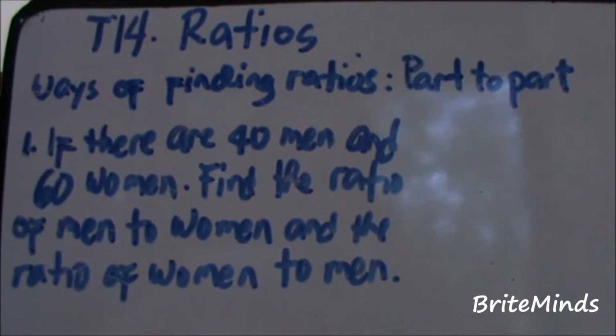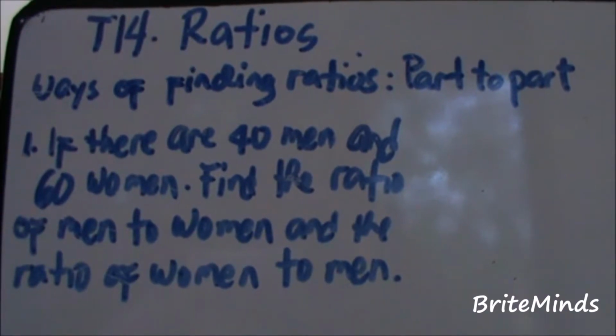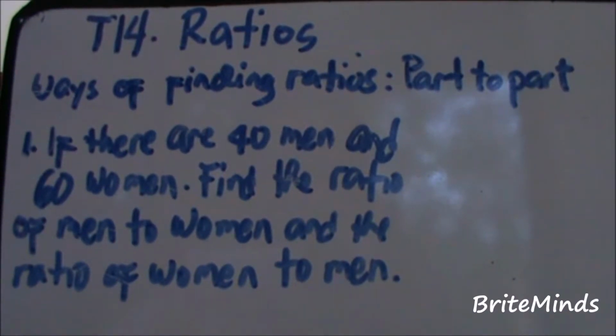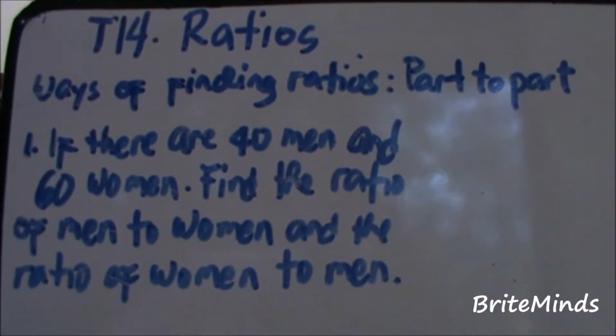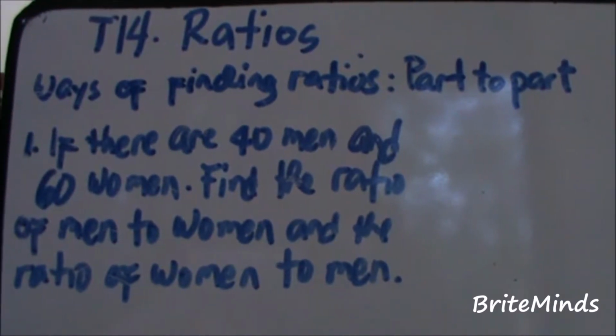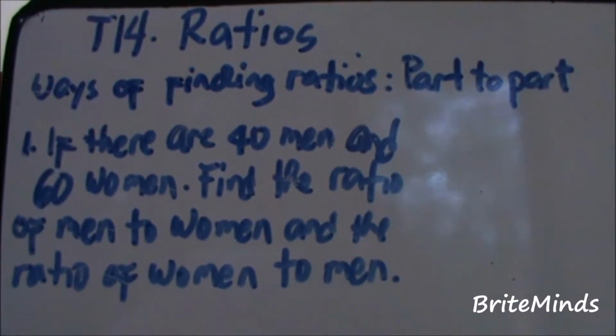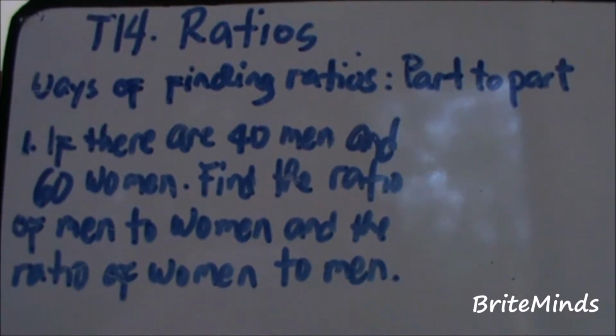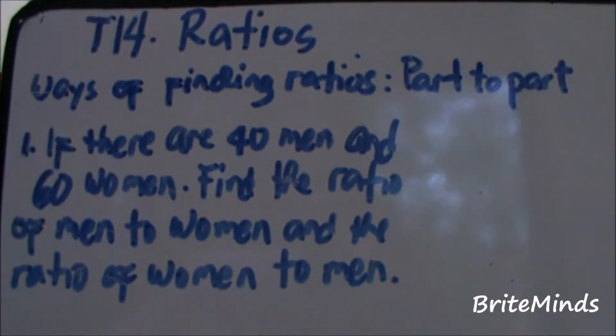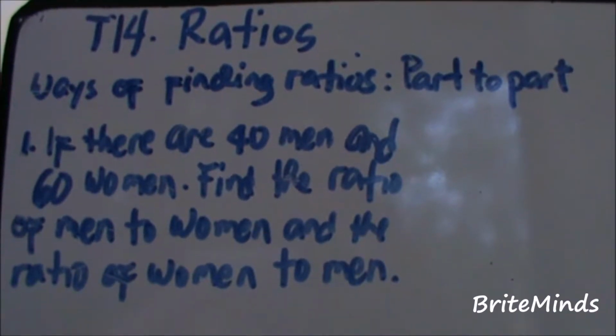When we speak of part to part, it means comparing one part to the other part. I have an example here. If there are 40 men and 60 women, find the ratio of men to women and the ratio of women to men. The problem is asking for the ratio of men to women.